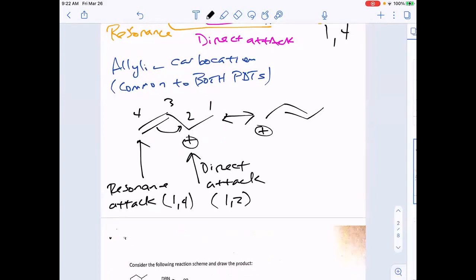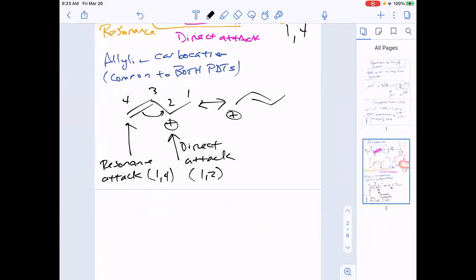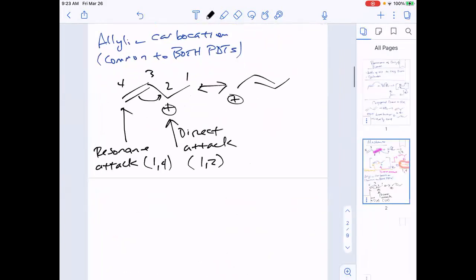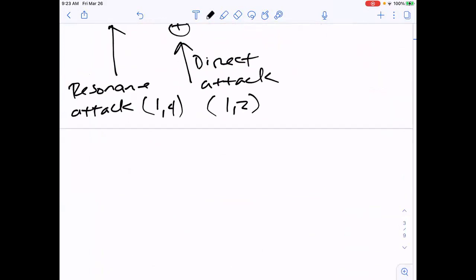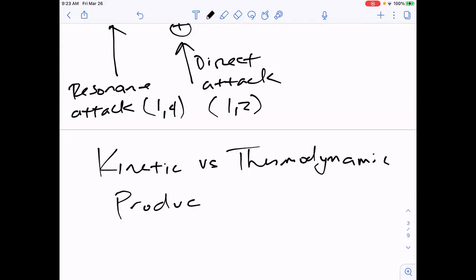So let me add another page here. Kinetic versus the thermodynamic product.